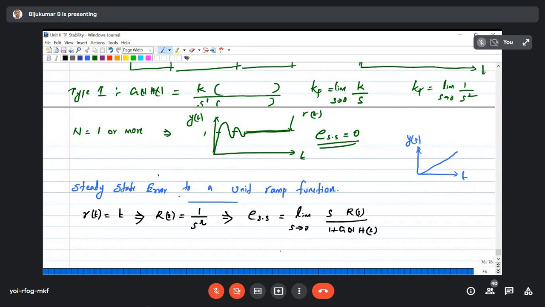If you substitute 1 by s square, what will it become? Limit s tends to 0, 1 divided by s, and s square will cancel. It will become 1 plus g of s h of s, right?